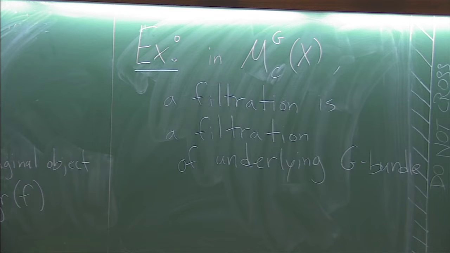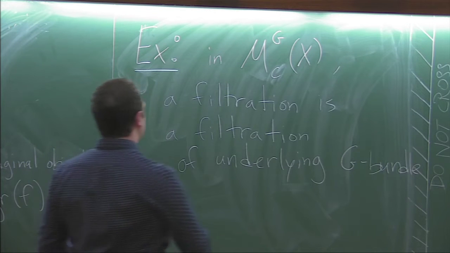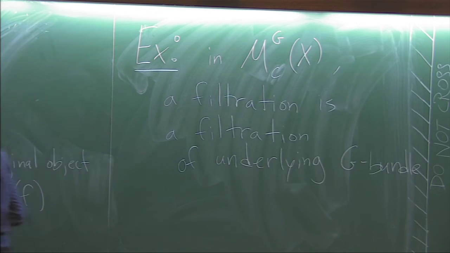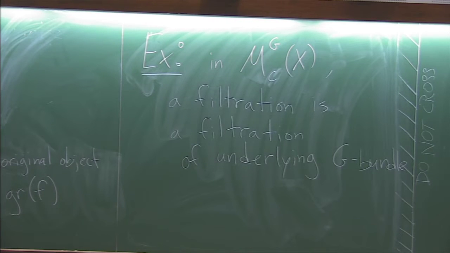The fact that this is a proper map over Bun G implies that a filtration in this moduli stack MCG of X is just a filtration of the underlying G bundle. So in this particular moduli problem, the sort of Harder-Narasimhan theory we're looking for is: if you have a G bundle along with one of these funny quasi-sections, as they sometimes call it, does that induce for you a canonical filtration of the underlying G bundle? That's the question, to put it in its most concrete terms.